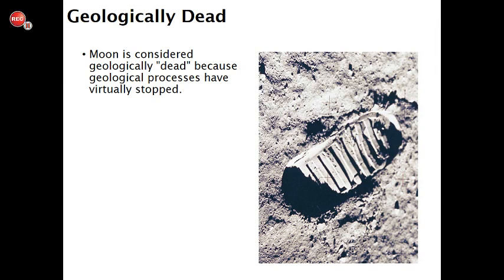You can see the footprint that we've left on the moon, which is basically like stepping into a bag of flour. Not much changes. The surface is basically dead. The only new process is continued impacts.